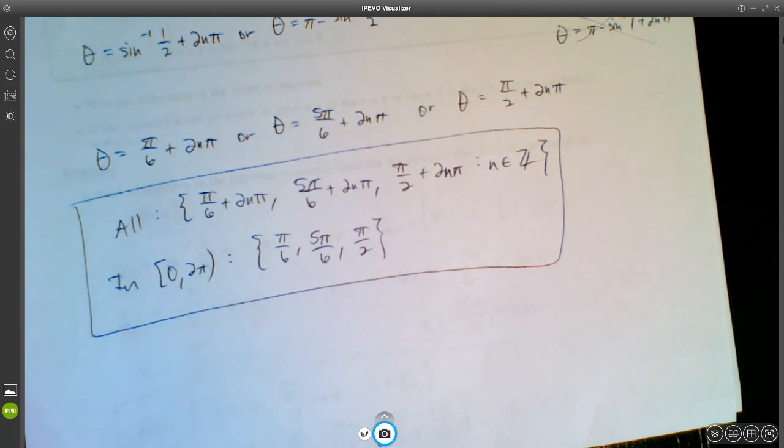Okay. Whew. What a section of material. But that does it, and that does it for our discussion of trig, at least for now.